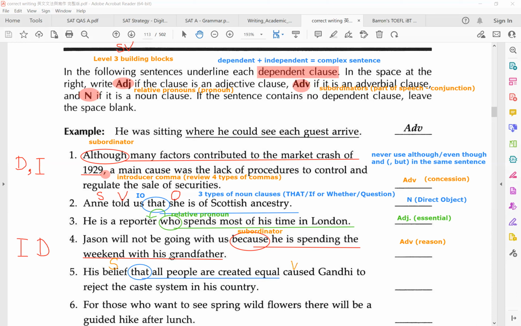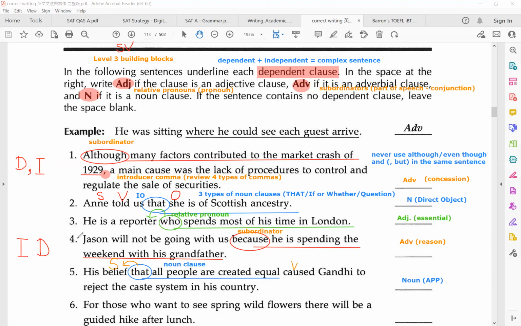So this is the confusing part. Some people are wondering, hey, is this an adjective clause or is this a noun clause? This is actually our noun clause functioning as an appositive. So you might be wondering why, because the relative pronoun that is obviously modifying the belief as well. And our that all people are created equal is modifying the belief as well. So what is the difference?